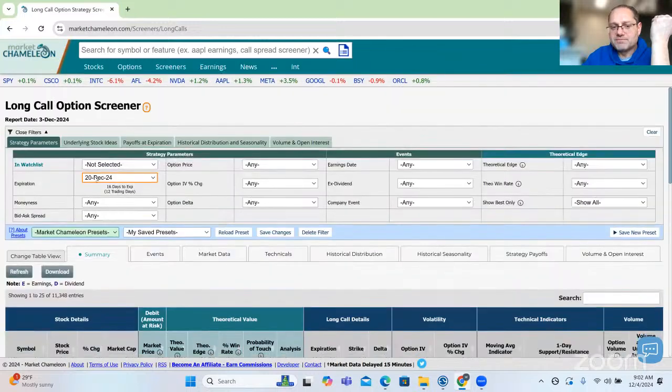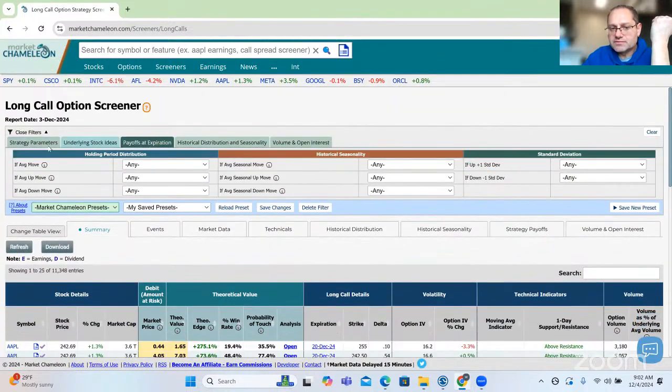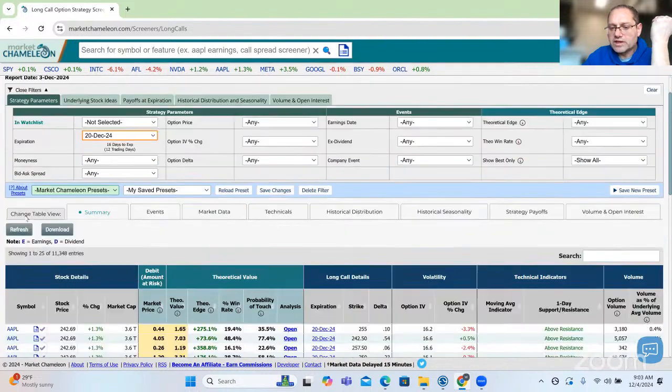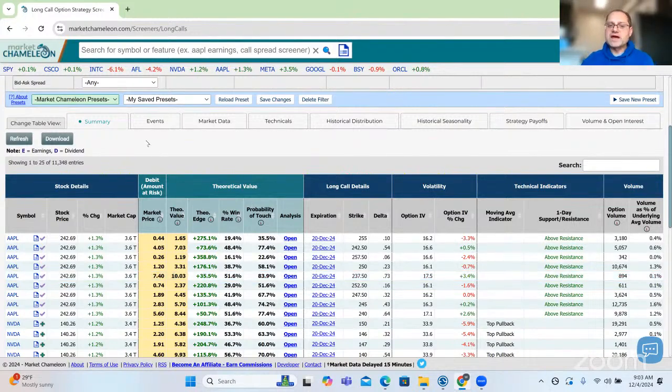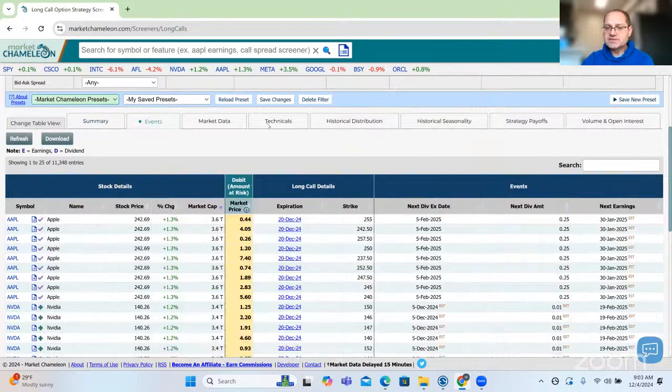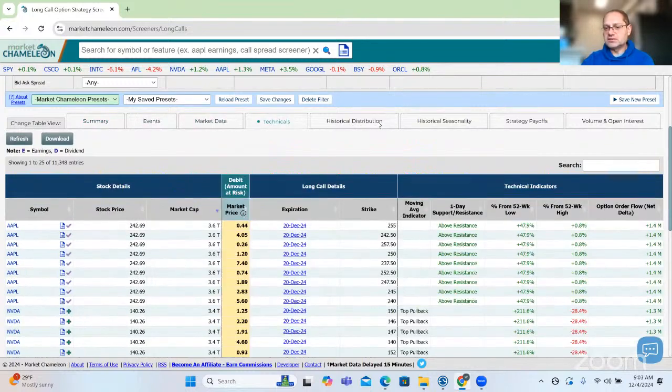Up top, we got these filters with different tabs. And then below, we have a table with data, information, analytics for different long call candidates. We also have multiple tabs of data and analytics.